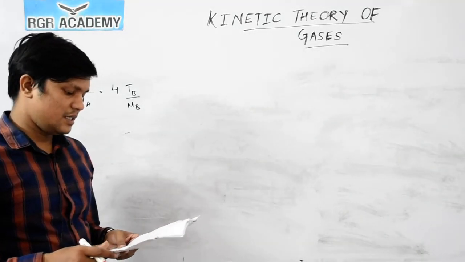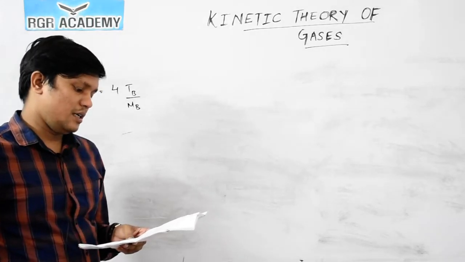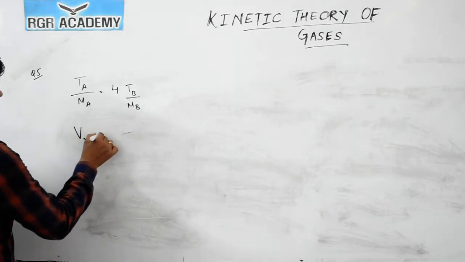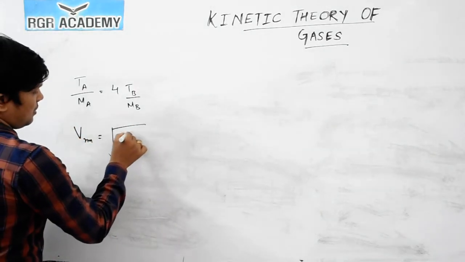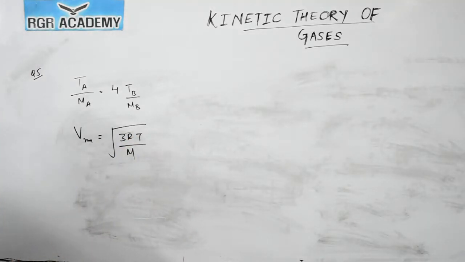If Ca and Cb are the RMS speeds, then what is the ratio Ca by Cb? We know that Vrms is given by the square root of 3RT by M.